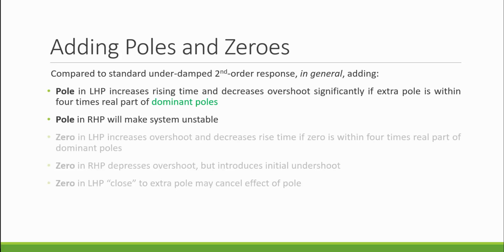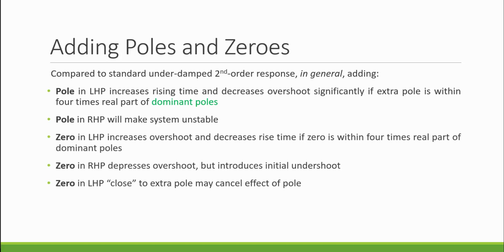And in general, when we add a 0 to our system, so we have a 0 in the numerator instead of no 0 in the numerator, a 0 in our left half plane, so the real 0 being negative, is going to increase our overshoot and decrease our rise time and peak time, and is going to significantly affect it if it's within 4 times the real part of the dominant poles.